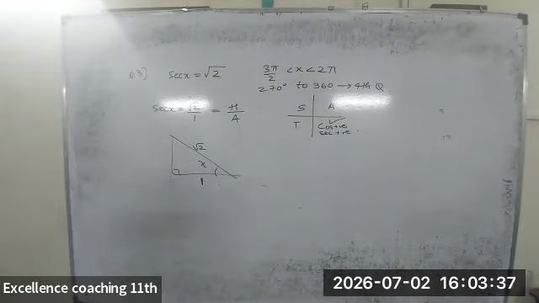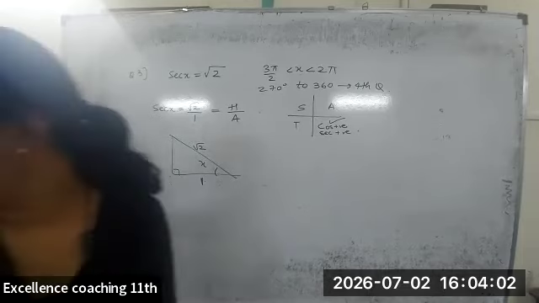This will be your adjacent, this will be your hypotenuse, this will be opposite. Just put a right angle here. So this is your theta, or x, sorry. This is your hypotenuse, this is your adjacent. Root 2, and that will be 1. And that is what you have to find now.